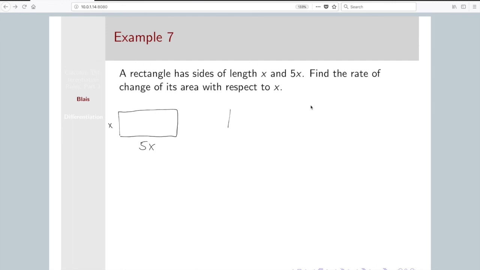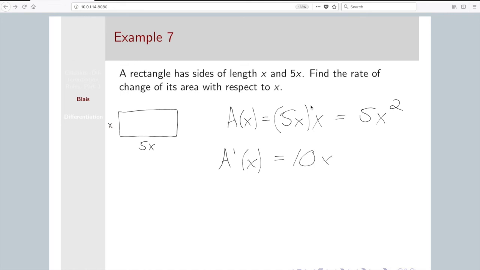Well, we know area of a rectangle is length times width, so we have 5x squared. And if we want the rate of change of that area with respect to x, we would do our power rule on this 5x squared and get an answer of 10x. So we can have these types of rate of change questions that are also geometric.